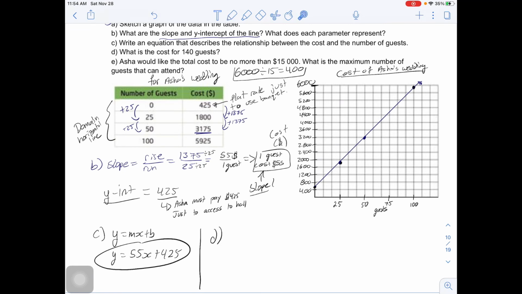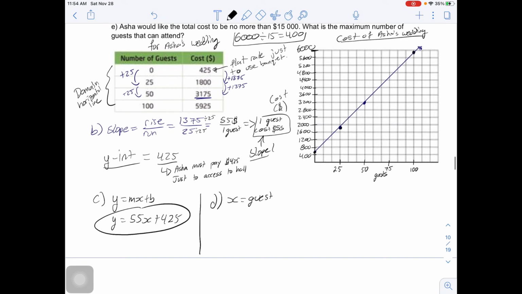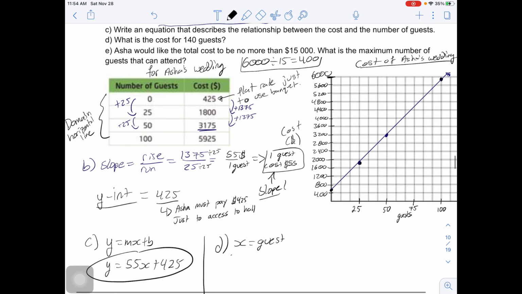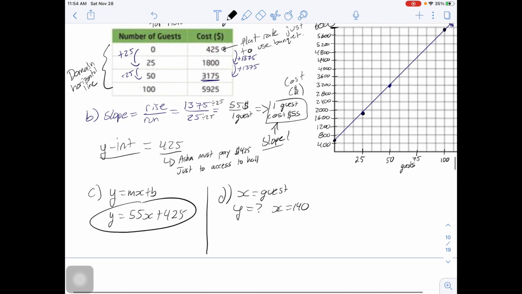Now for D, what is the cost for 140 guests? So in this case, your x value is going to be your guests, and it wants to know the y value. So what is y when x equals 140 guests? So now we're going to plug that in. So y equals 55 times 140, so all I'm doing is replacing x with 140, plus 425.